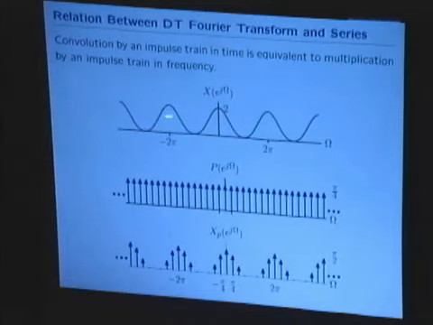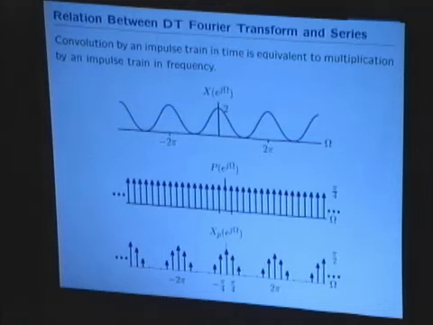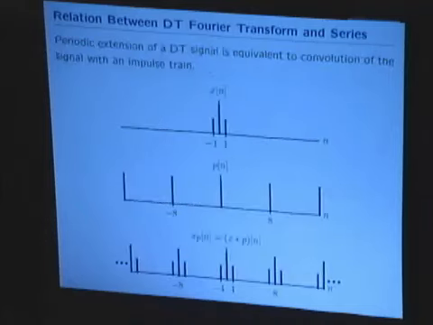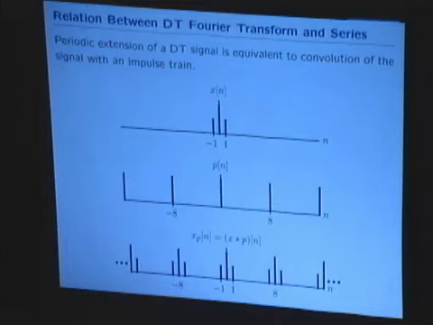So I take the Fourier transform of this case, which, like all Fourier transforms, is periodic in 2 pi. And now I think about convolving it with this unit sample train, which has the same relationship as the impulse train. In the impulse train, the train of impulses separated by capital T turned into a train of impulses separated by 2 pi over T. Here, separated by capital N, turns into an impulse train separated by 2 pi over N. Same thing.